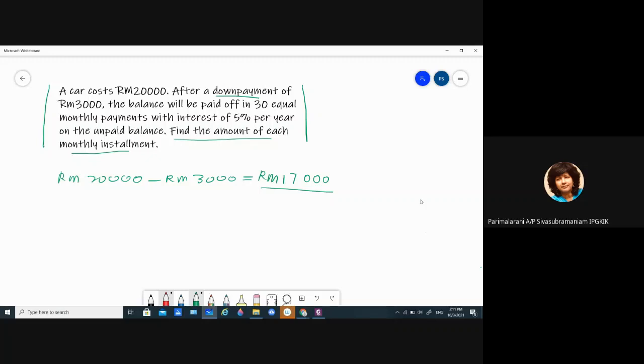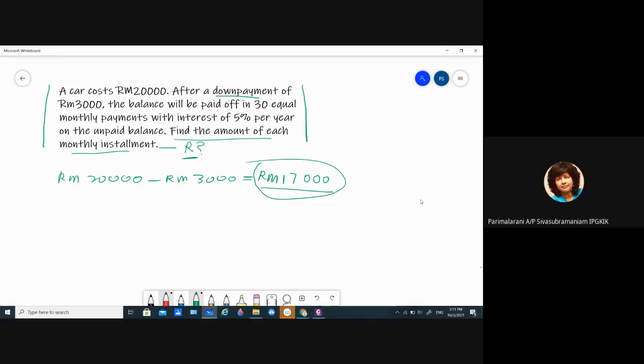You want to pay this in 30 equal months, and they ask you to find the amount of each monthly installment. That means you're finding R, right? How much is the monthly installment? But what value is the 17,000? Is it S?